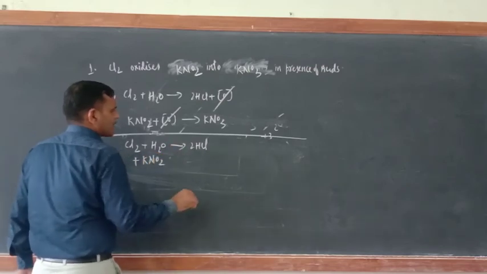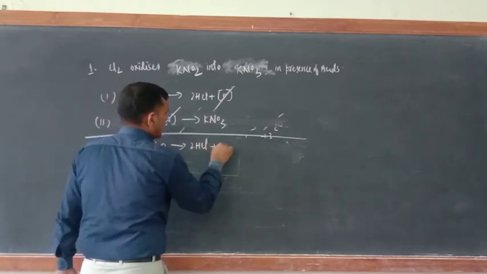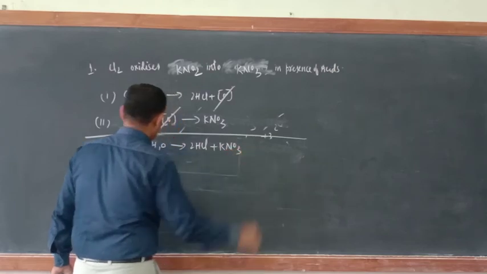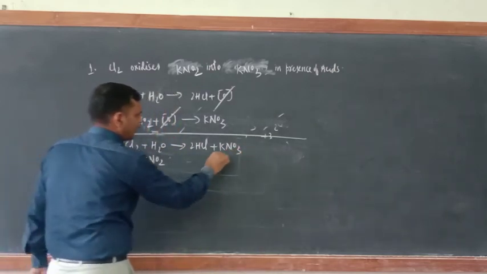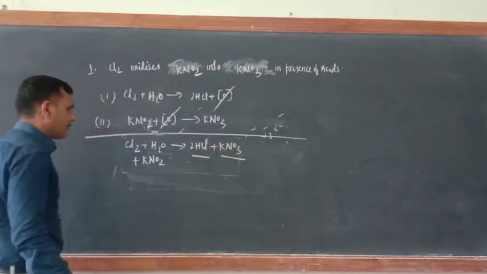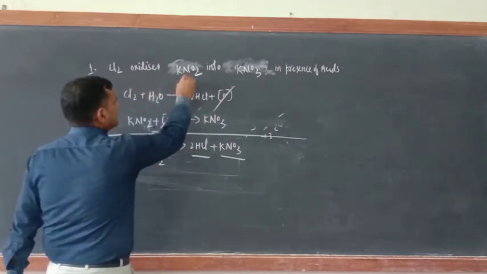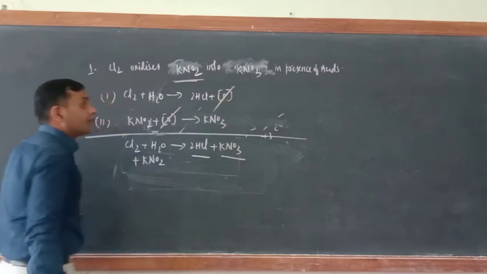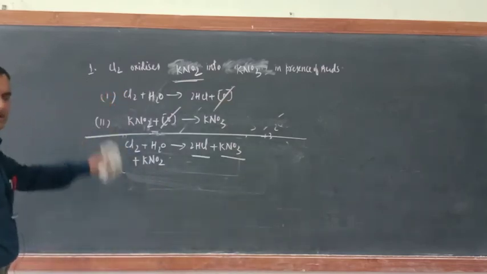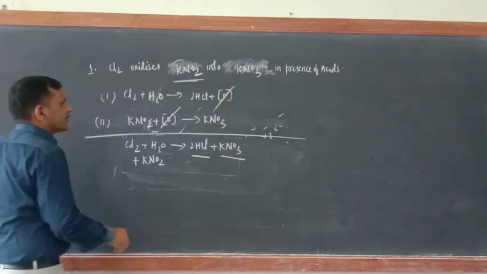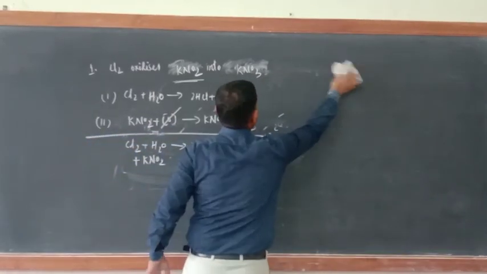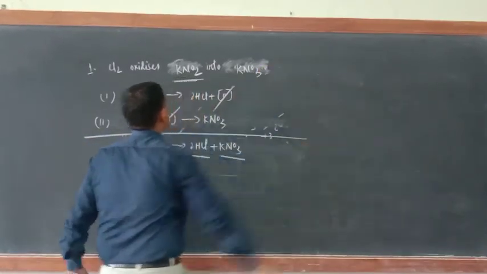So now 2HCl plus KNO3. Any problem here? Now everything is balanced. So Cl2 oxidizes potassium nitrite into potassium nitrate. Acid is not here, that much.